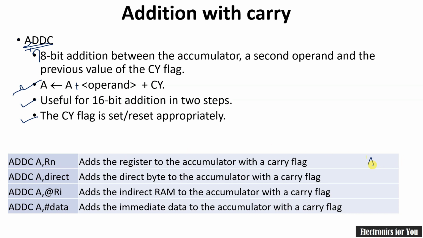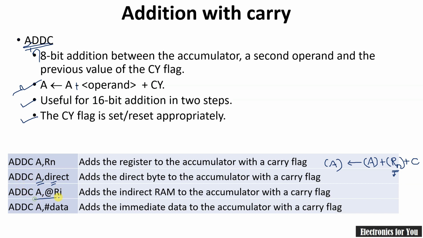Here the content of the accumulator, then the content of Rn, that is register R0 to R7, it may be any one, and the carry flag, which may be 0 or 1, they will be added and the result is stored in the accumulator. In the same case, the direct memory address will be used instead of Rn. Again the content of the accumulator, the direct memory address, and the carry flag will be added and the result is stored in the accumulator.